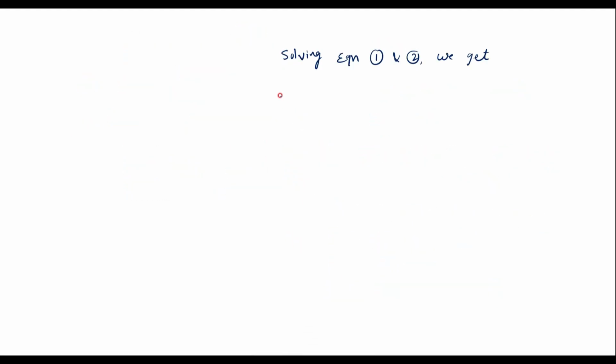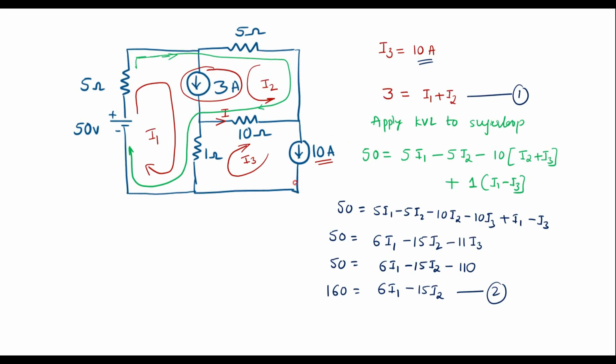Therefore I can write I1 is equal to 9.761 amp, and I2 is equal to minus 6.761 amp.